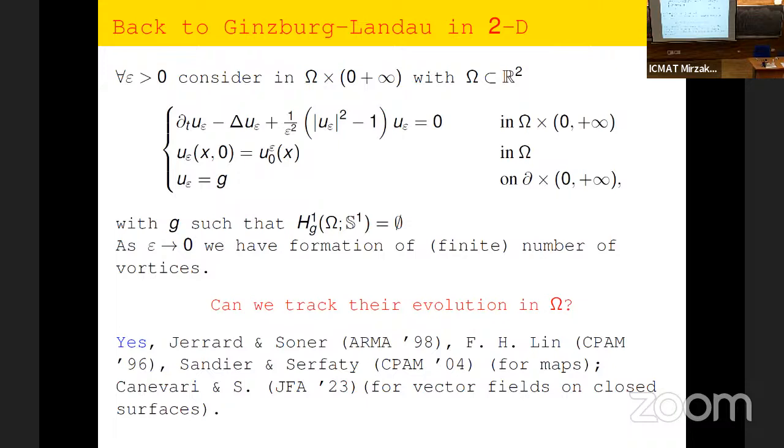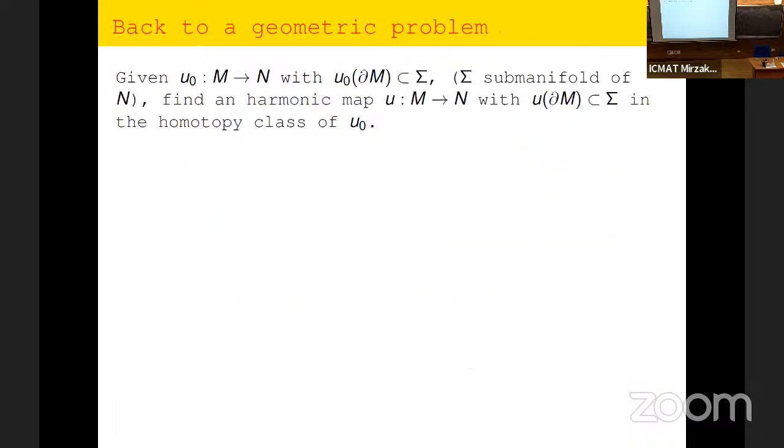Okay, so now this is for Dirichlet boundary condition. Now, let's come back to the geometric problem of free boundary. And now let us try to deform a map U0 to a harmonic map, but keeping the nonlinear boundary condition, here, the free boundary condition.